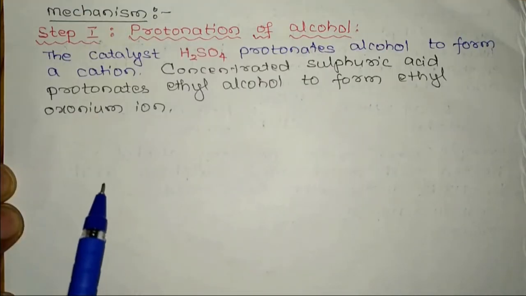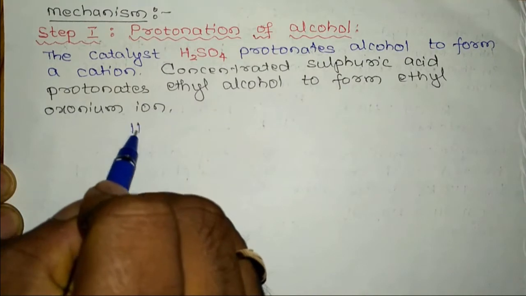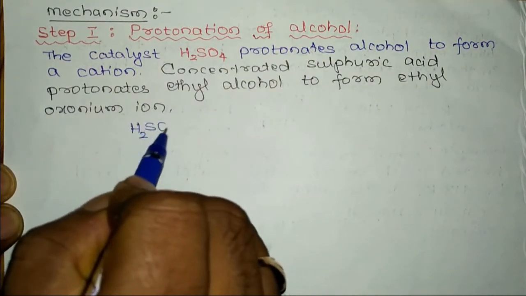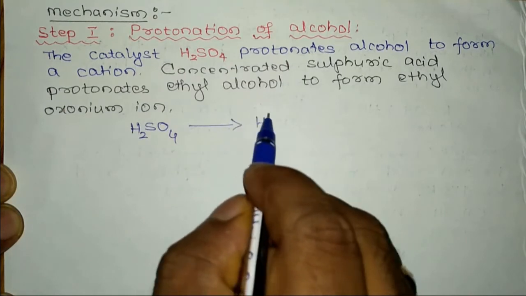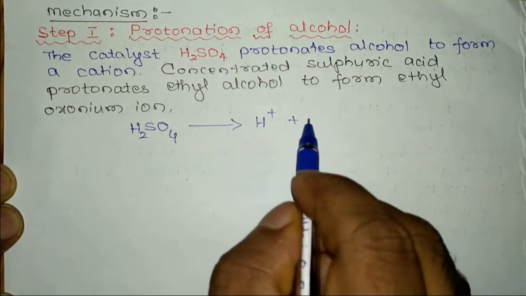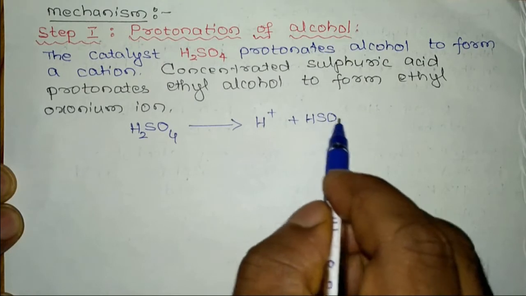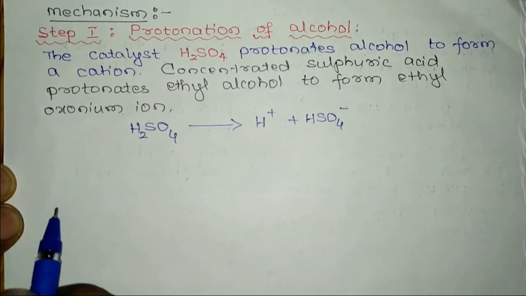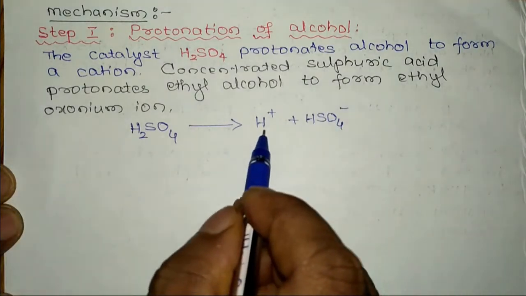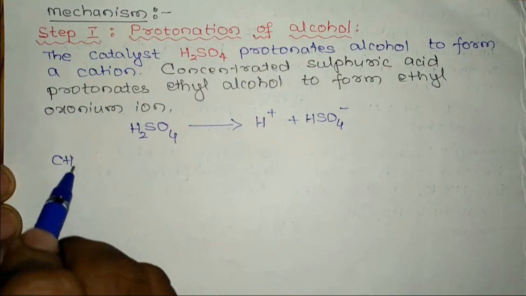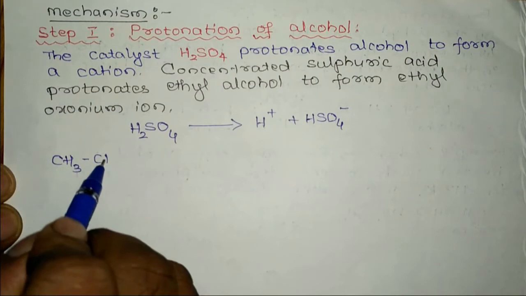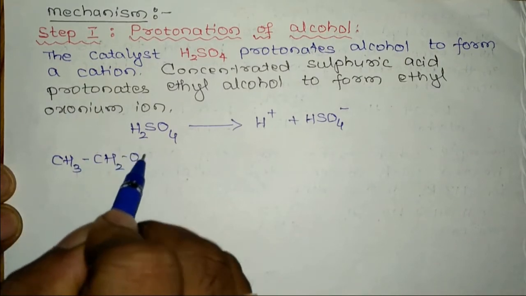Now let's discuss the reaction. H2SO4 undergoes ionization to form H plus ion and HSO4 minus ion. Then this H plus protonates alcohol, CH3CH2OH.